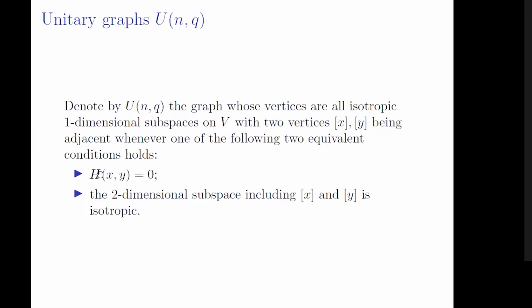The first condition is that the Hermitian product of these two vectors is equal to 0, and the second condition is that the two-dimensional subspace including these two fixed one-dimensional subspaces is isotropic.